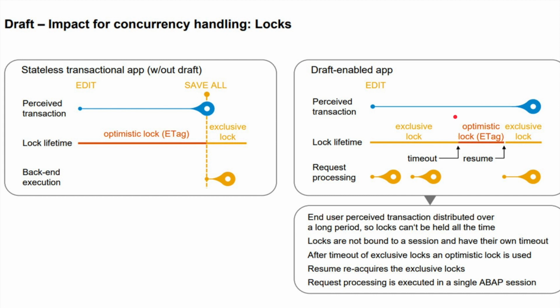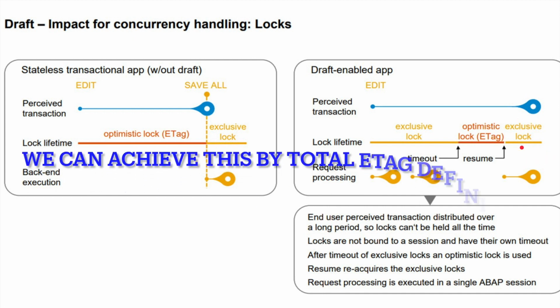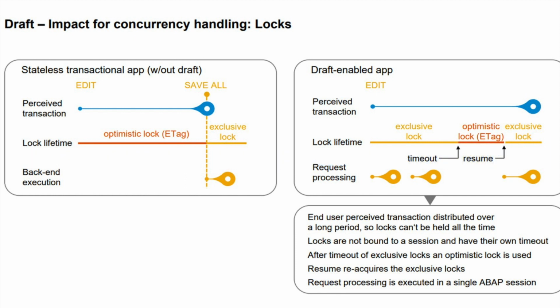This is because in the meantime the particular instance you are editing was not changed by someone else. So this will make sure of that. Once you come back and try to resume, your exclusive lock becomes enabled, and you can simply edit without any other interruption. So this is the lock and concurrency control handling in the draft enabled mode.